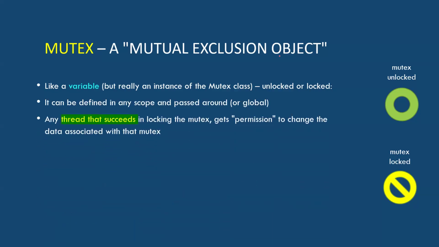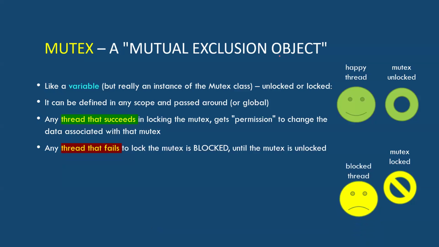So any thread that tries to capture the flag is either going to succeed and be able to continue with its work, or it's going to be frozen dead in its tracks. Whenever you try to get a mutex, the rules of the game are, you might be lucky and you might not be lucky. If you're lucky, you get the mutex and you just keep marching forward.